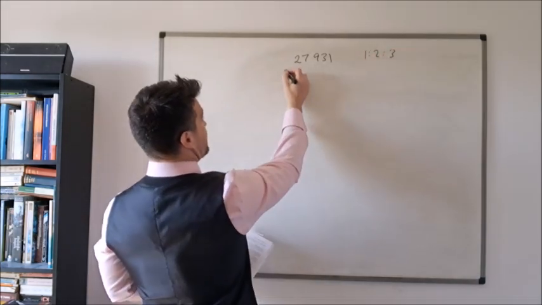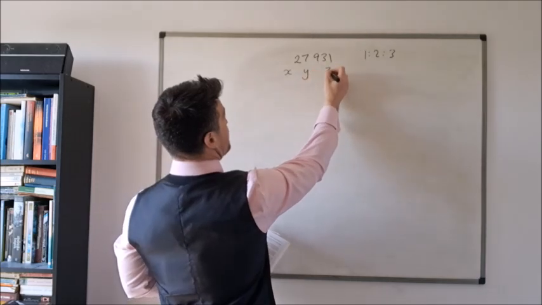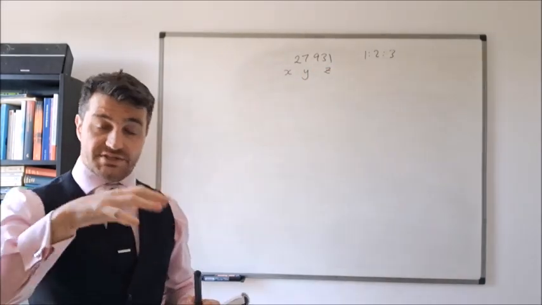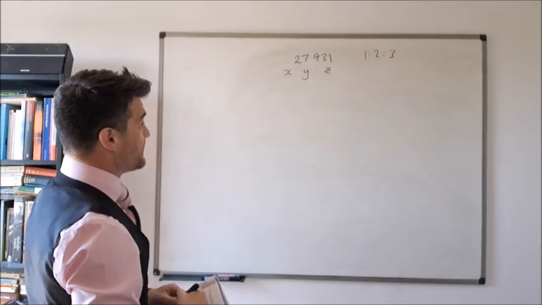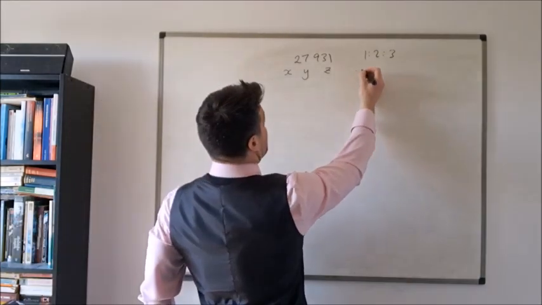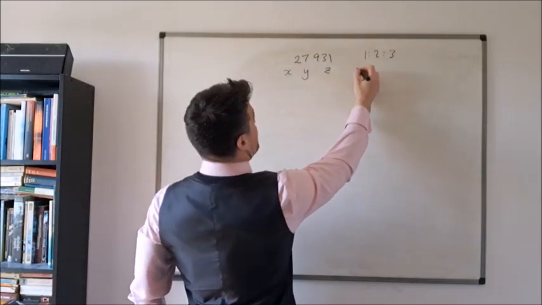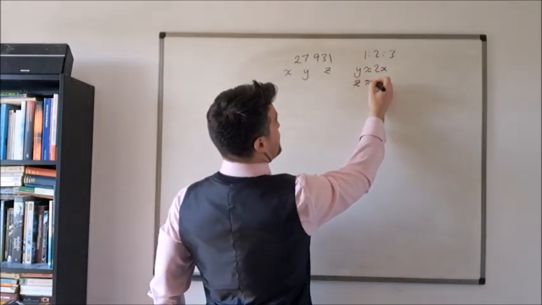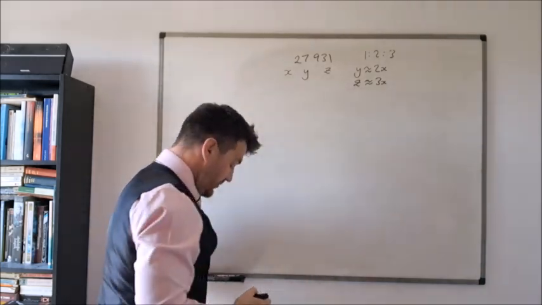So in other words, we've got three prime factors, x, y, z, where, again, let's take x as being the smallest value. Then y is going to be approximately equal to 2x, and z is going to be approximately equal to 3x.